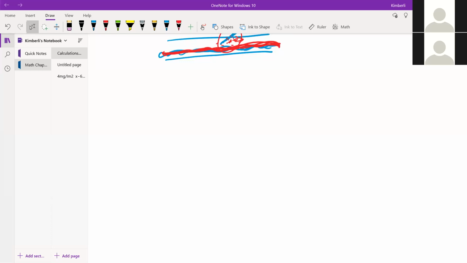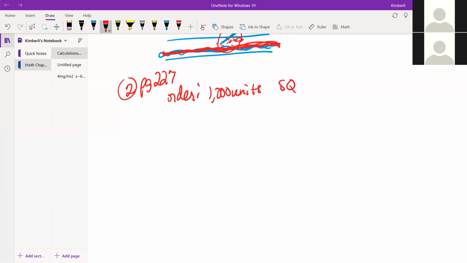Okay, so let's look at these practice problems B, and let's look at number 2. Number 2, a physician orders heparin 1,000 units subcutaneously. So this is number 2 on page 227. And then your vial is 10,000 units per milliliter, right?